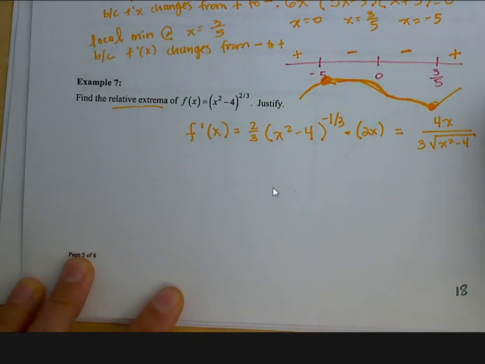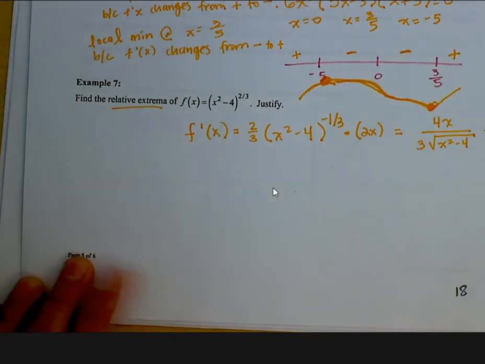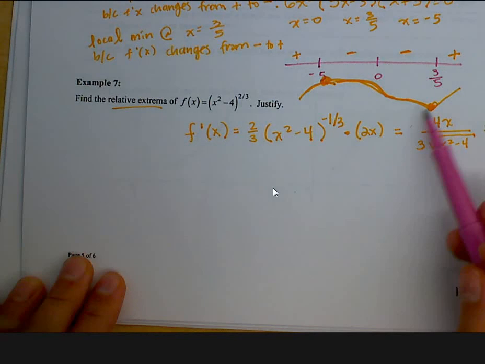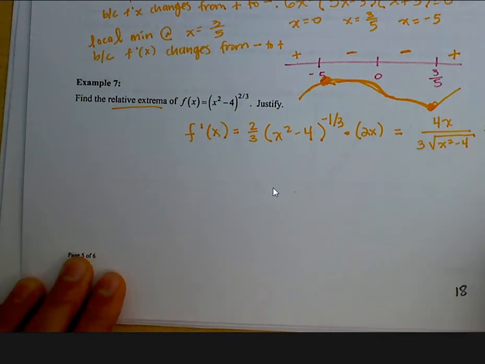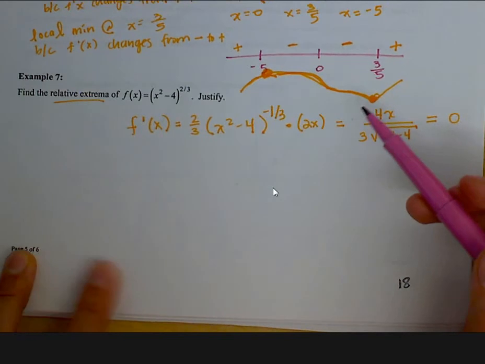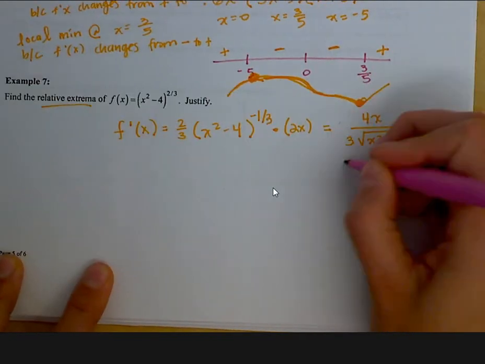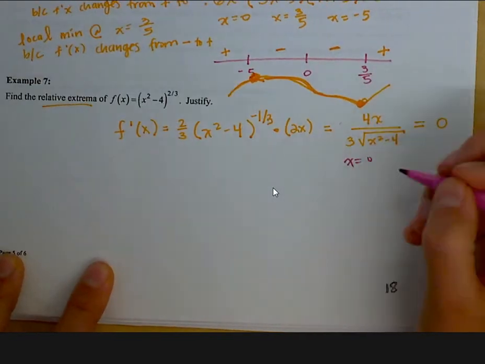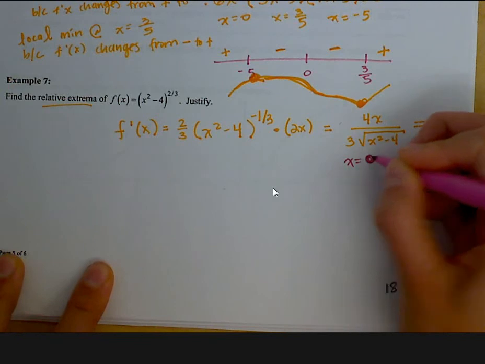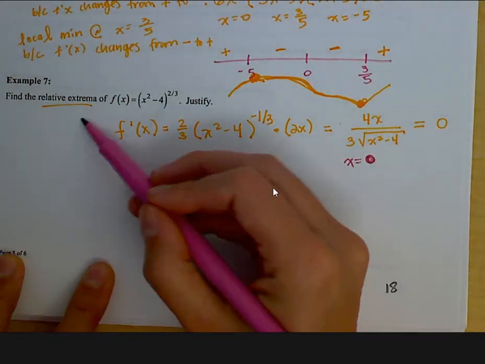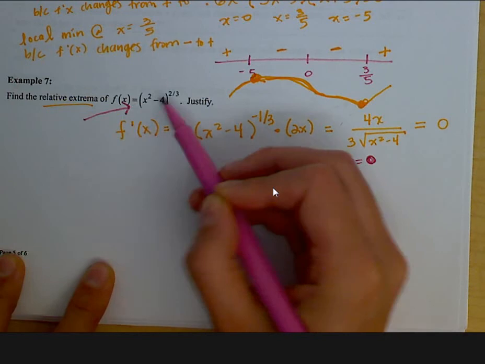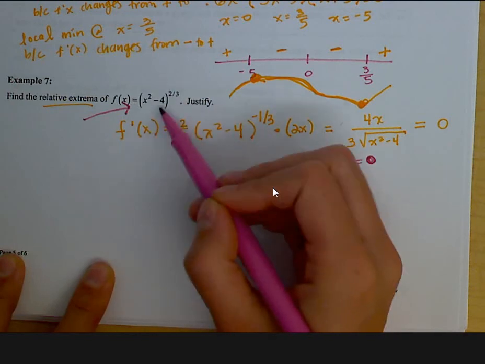If we set this equal to 0, we don't actually need to solve this. The only value of x that will make this equal to 0 is x equals 0. So this is a critical value. But another thing we need to consider is that this function is not always going to be continuous.